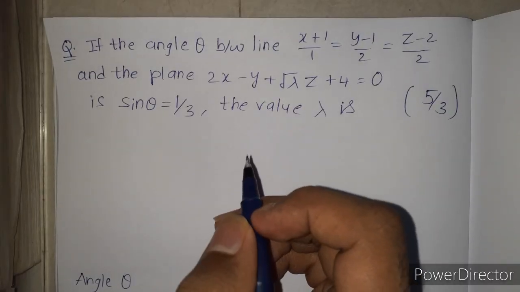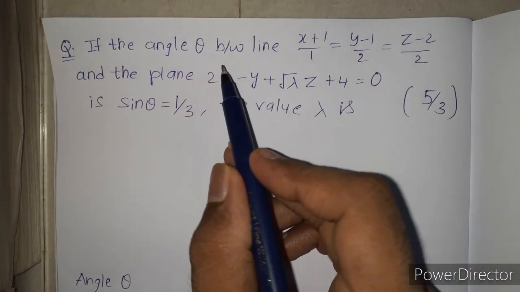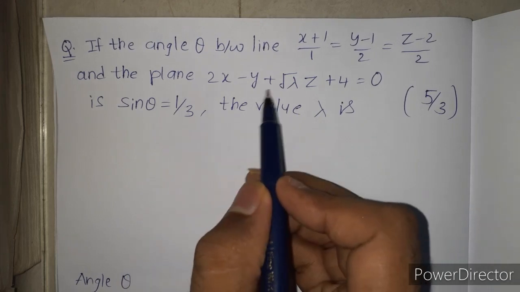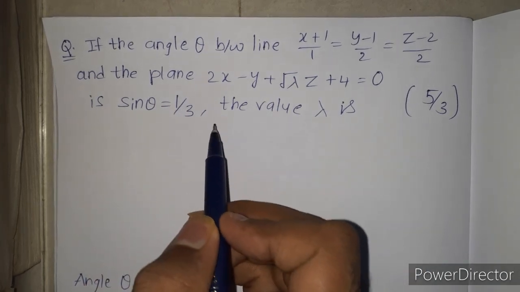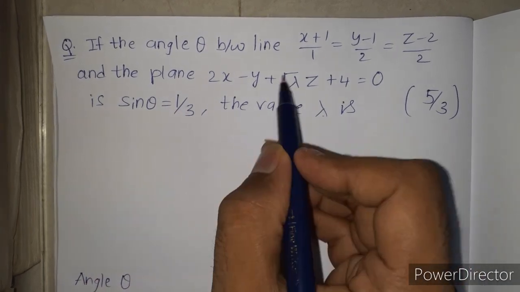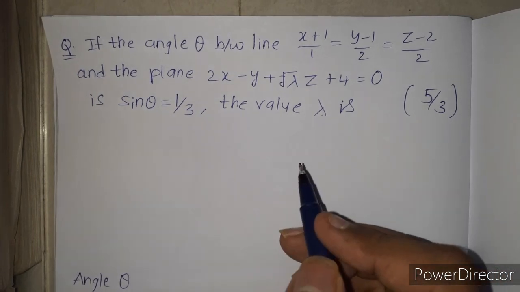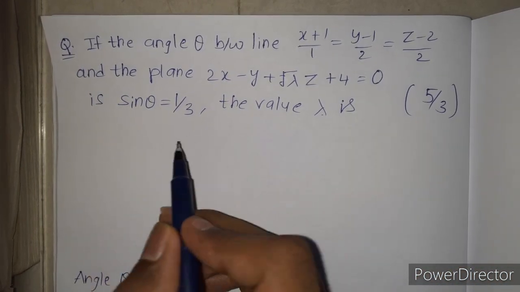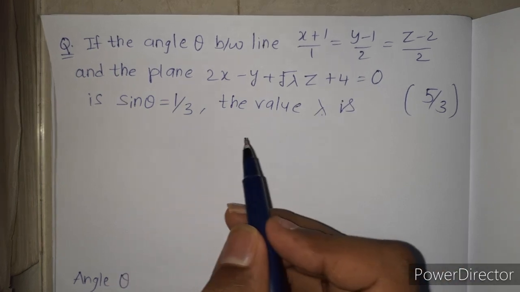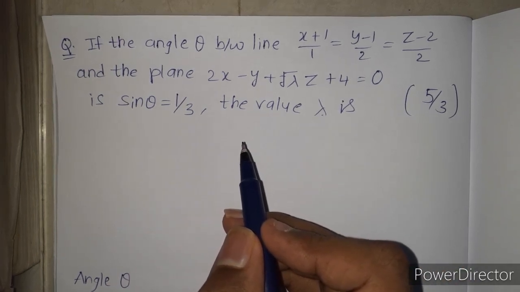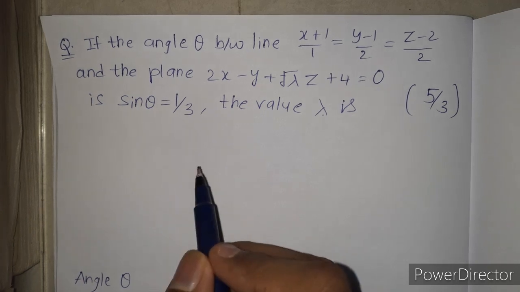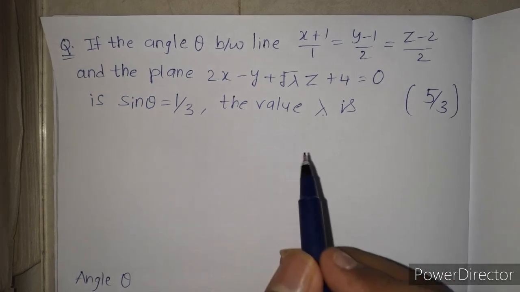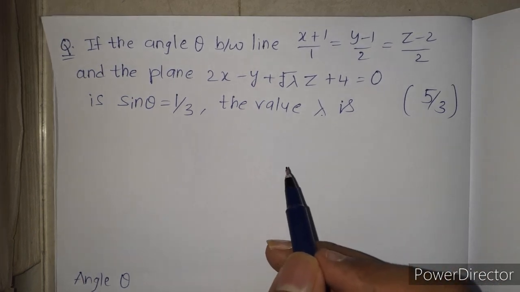And the given question is, if the angle theta between the line and the plane is such that sin theta is equal to 1 by 3, then we need to find this lambda. So let me clear you a concept. So we know that the angle between two lines is cos theta equal to (a1 a2 plus b1 b2 plus c1 c2) by root of a1 square plus b1 square plus c1 square, into root of a2 square plus b2 square plus c2 square.